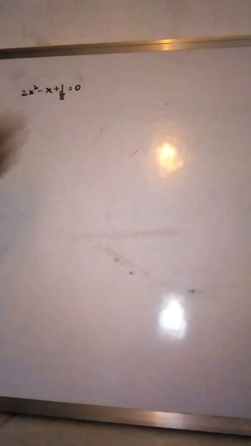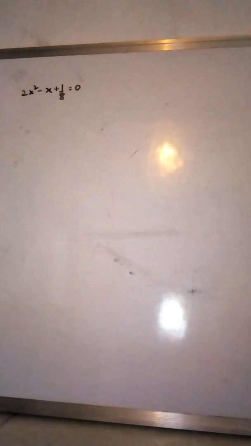So now for the next problem, we have 2x square minus x plus 1 by 8 is equal to 0.